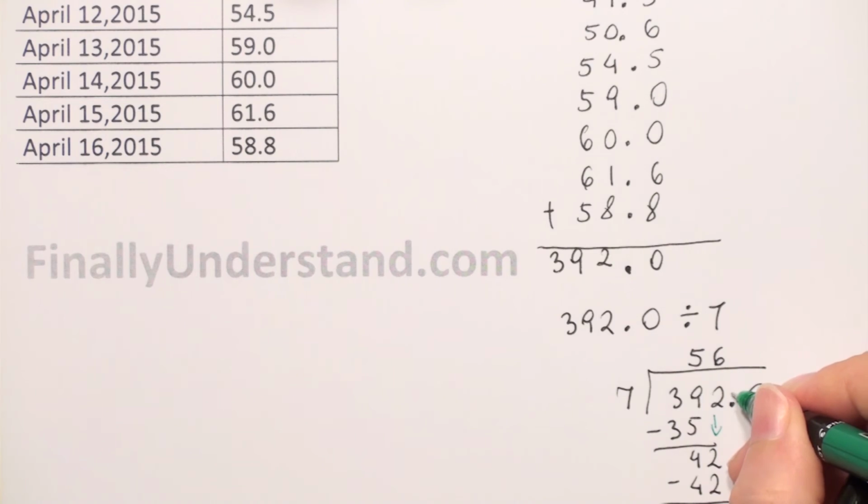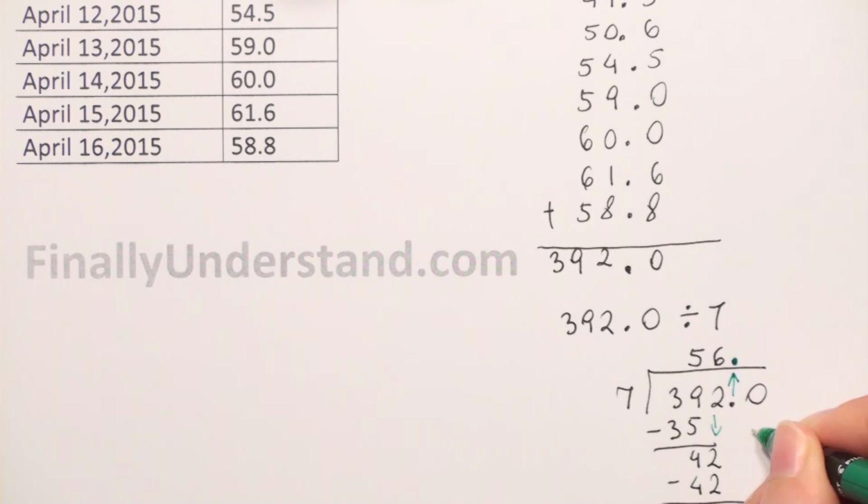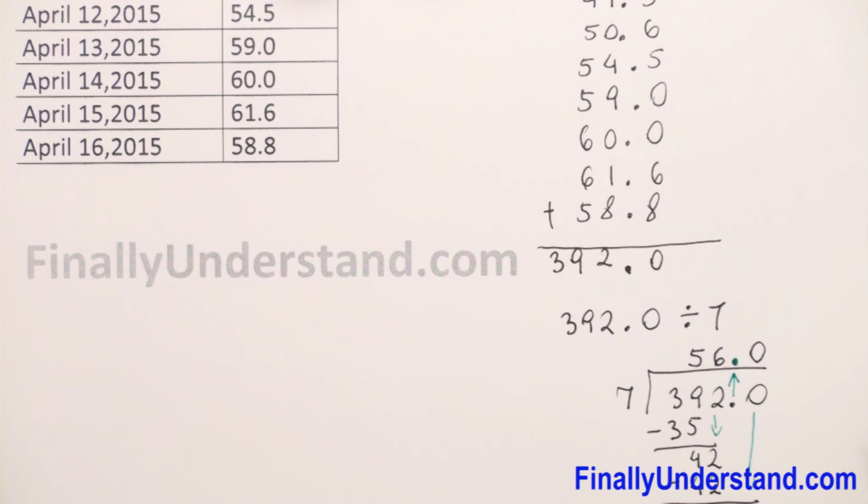What next? We put the decimal point exactly in the same column and we take down the next digit, but this is 0. 0 divided by 7 is 0. And of course if you want we can multiply, 0 times 7 is 0.